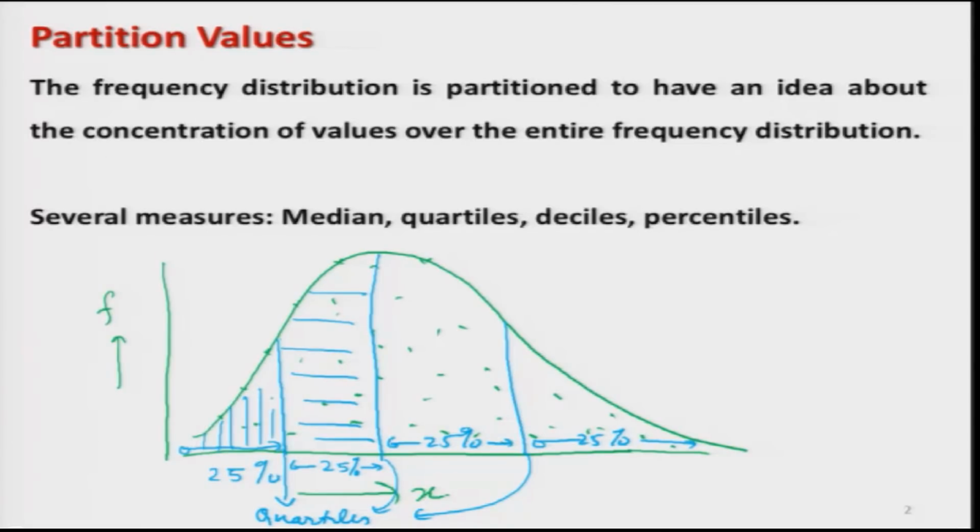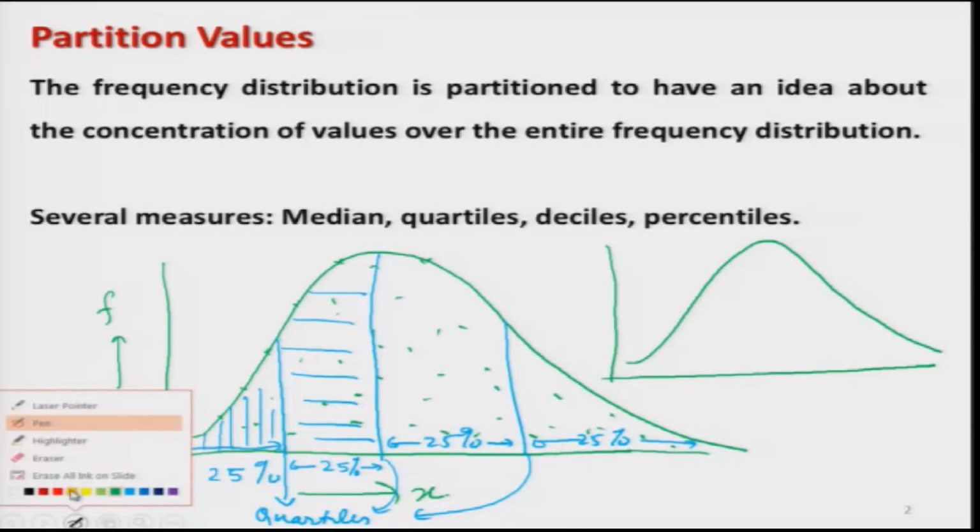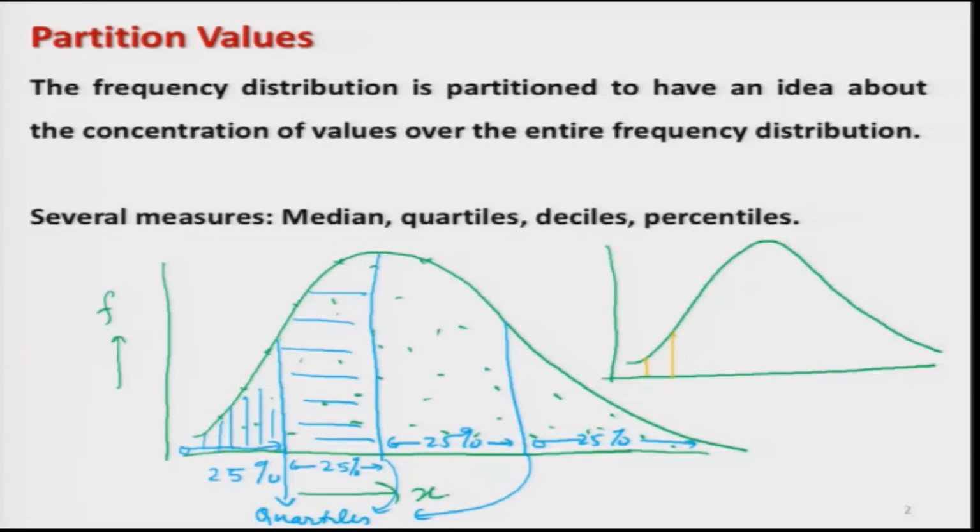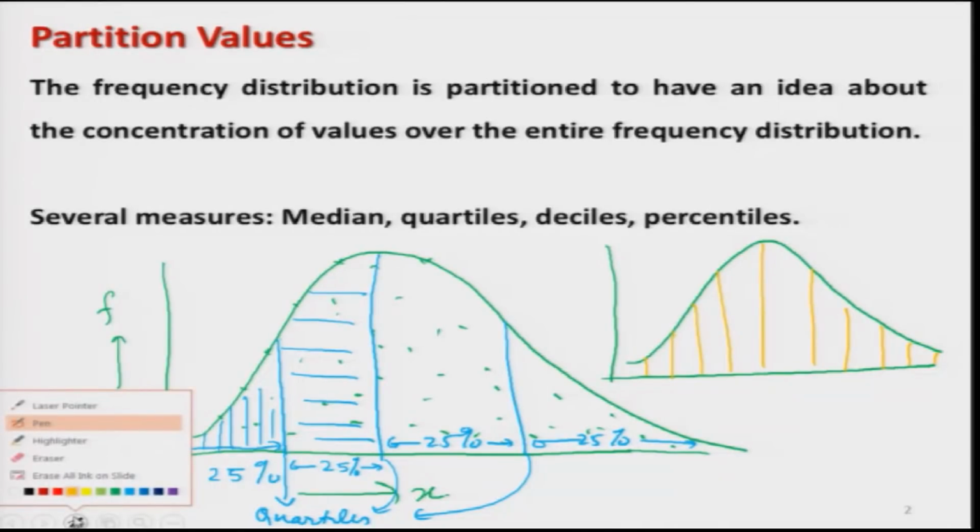Similarly, in case you want to divide it into more parts, for example, if this is the frequency curve, then I can divide it into 10 parts, 1, 2, 3, 4, 5, 6, 7, 8, 9, 10, and so on. And similarly, I can partition it in some other way also.